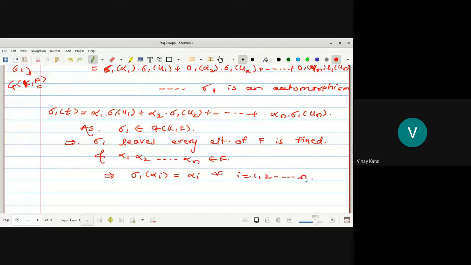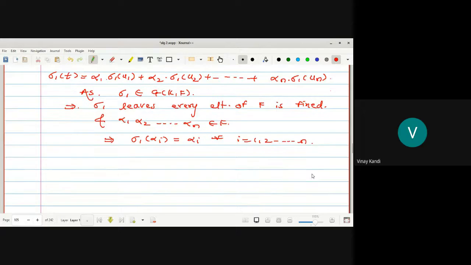Thus we get sigma 1 of t is equal to alpha 1 sigma 1 u1 plus alpha 2 sigma 1 u2 plus up to alpha n sigma 1 un. This is for sigma 1.